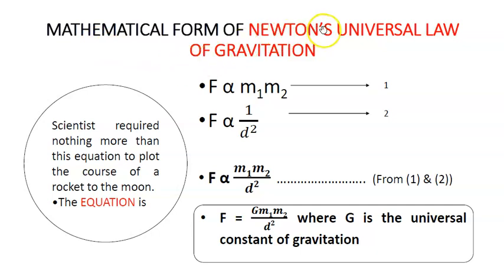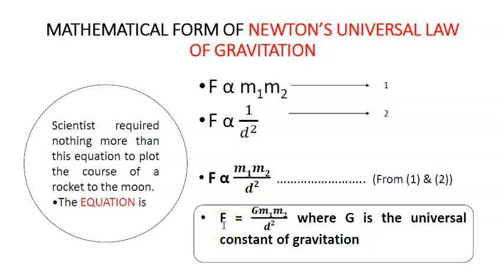Mathematically, Newton's universal law of gravitation can be expressed: F is directly proportional to m1 into m2, F is inversely proportional to d square. From 1 and 2, we get F is proportional to m1 into m2 upon d square.